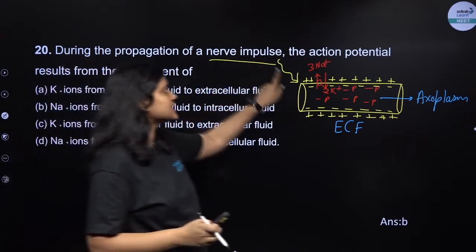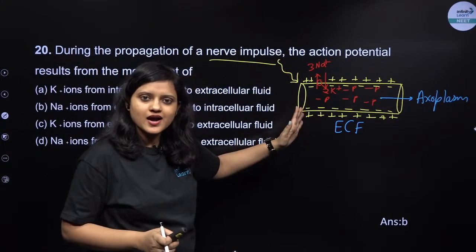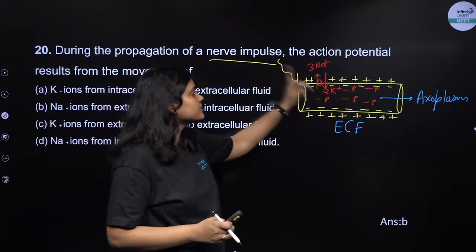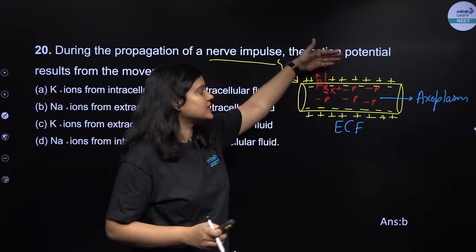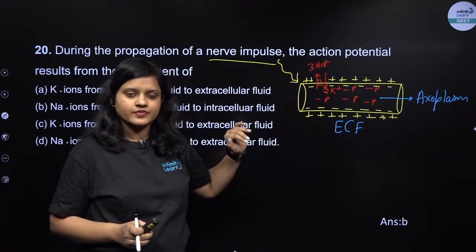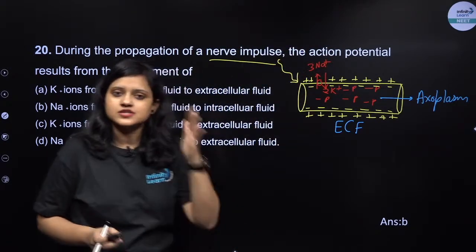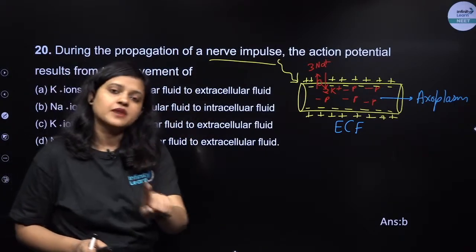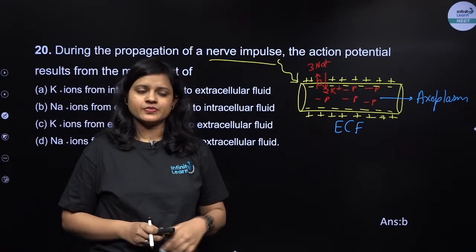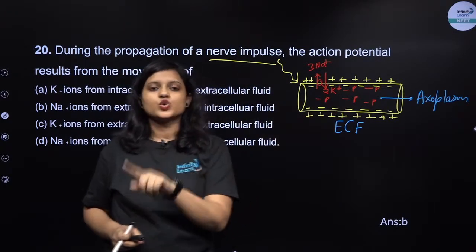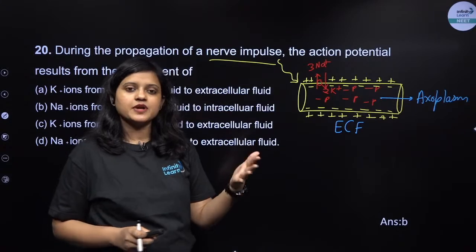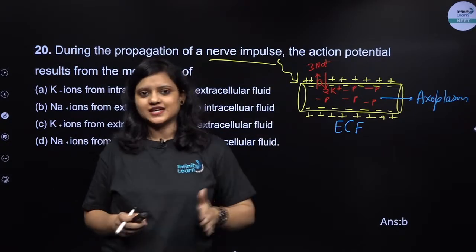As soon as this impulse reaches here, what will happen? The sodium ions that were there outside in the ECF will come inside. Why? Because now our membrane is permeable to sodium ions. As soon as the impulse reaches, permeability for sodium will increase. Why? Because the channels are voltage gated.